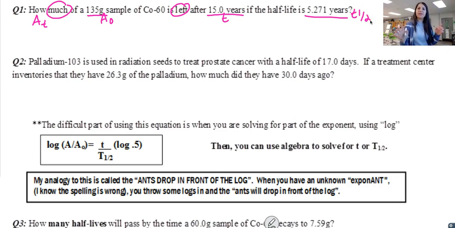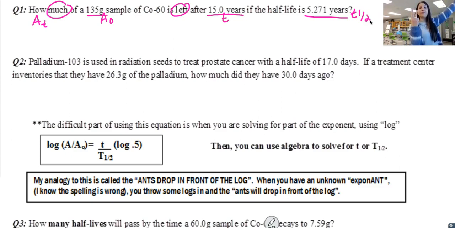Before we even do this, let's see if we can conceptualize it and get an approximate answer. We're looking for how much is left, and they're telling us that it's 15 years, and the half-life is 5.271 years, which is about 5 years. Well, how many half-lives has it gone through? About 5 years, and if I do 5 times 3, I get 15.